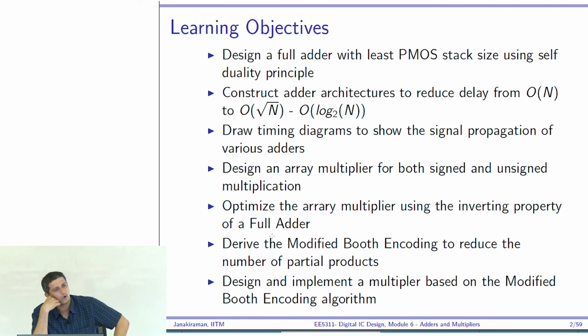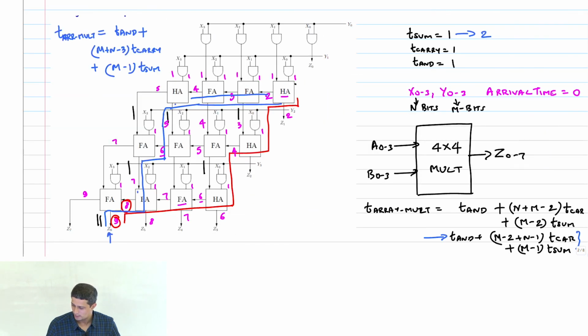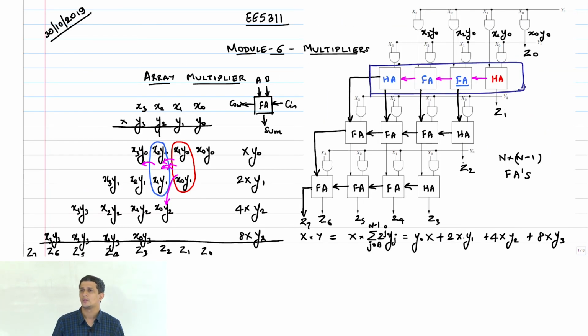Then Booth encoding, unfortunately, this time I will not have time to cover it, but it's effectively a way of reducing the number of partial products, right. Right now, if I have n bits, n cross n multiplication, then I have n partial products to add, right. If you look at the partial product in the multiplication here, if any bit y0, y1, y2 or y3 is 0, then the partial product also is 0, right.